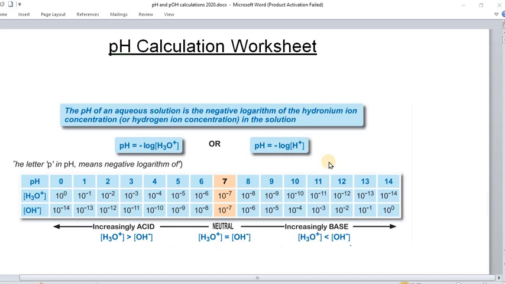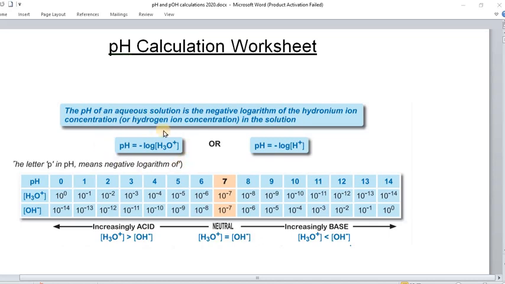Now, basically, in grade 11, you had the knowledge about pH. That gives you an idea how acidic or basic a substance is. In our case, in the calculation, we define the pH of an aqueous solution as the negative logarithm of the hydronium ion concentration in the solution.